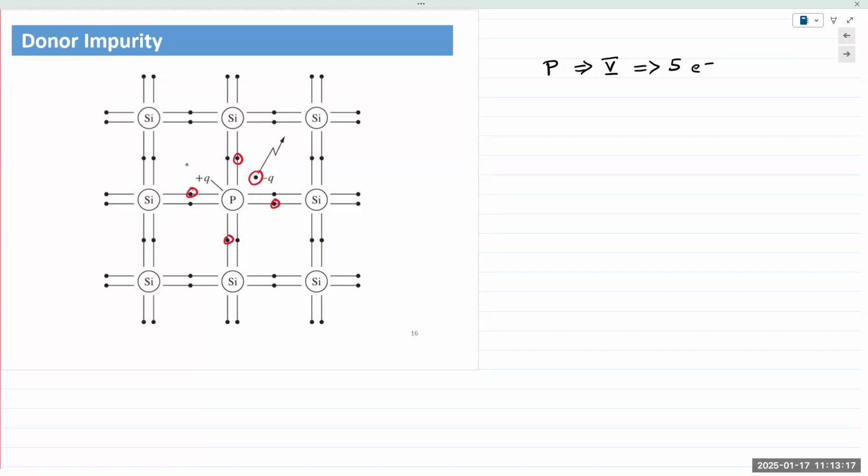This electron is free to move around the silicon lattice. It can move anywhere, represented by this arrow right here. So this is the free electron, the free 5th electron, free to move around.